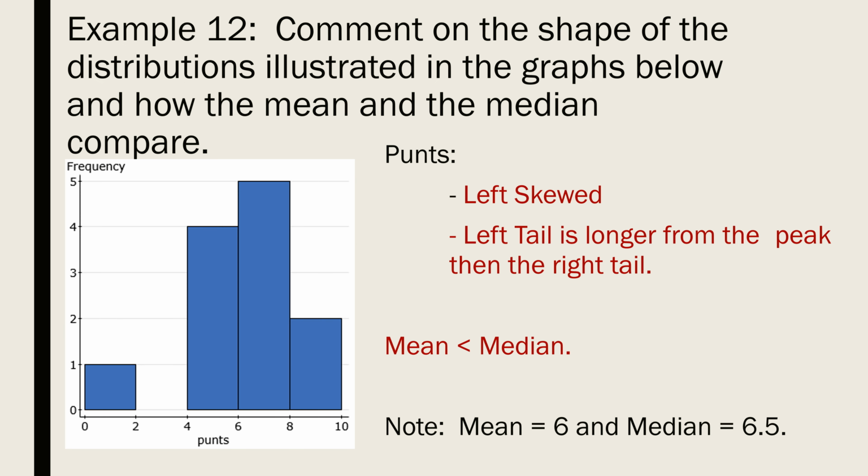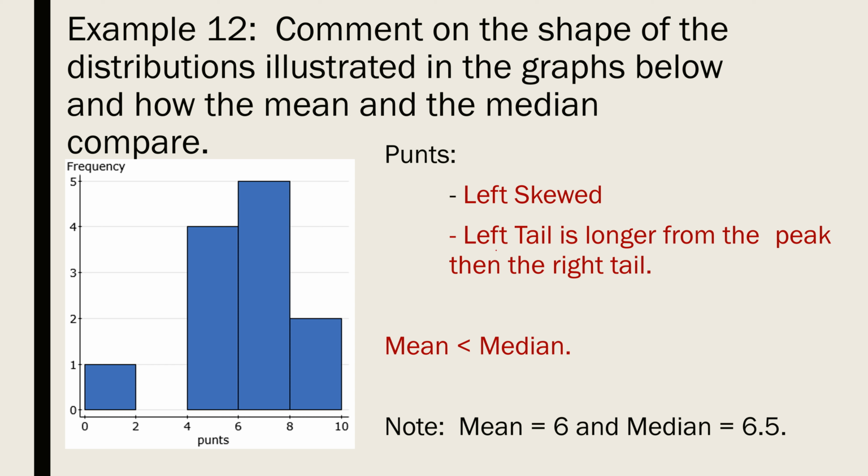Example 12. From the last video, we have learned how to determine whether a distribution is left skewed or right skewed. This one is left skewed. Different from what I taught you in the last video, this is another method we can use to determine whether it's left skewed or not.